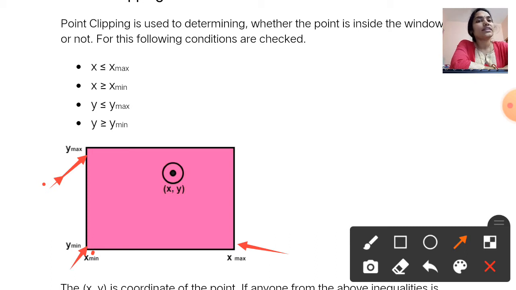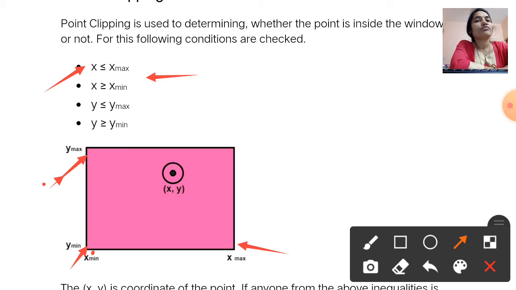We will check these conditions: x less than or equal to x max, x greater than or equal to x min, y less than or equal to y max, and y greater than or equal to y min.